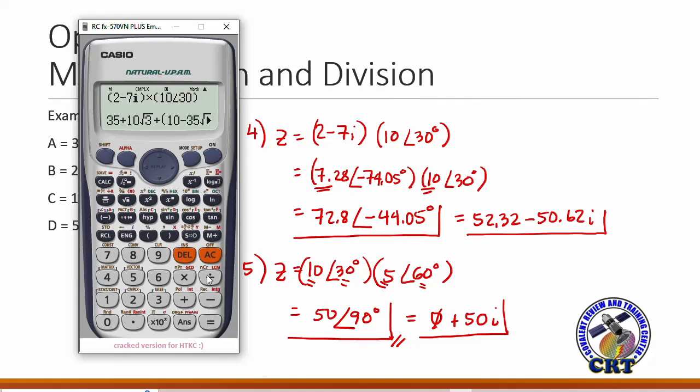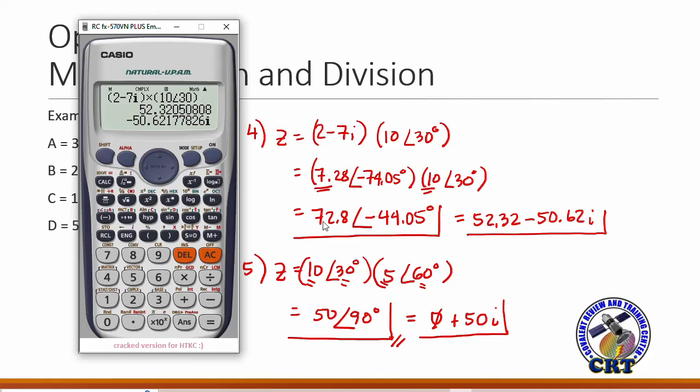So the first answer here will give you the rectangular form. Okay? So just press the decimal conversion: 52.32 for the real part and minus 50.62 for the imaginary part. So that is the first answer from the calculator in rectangular form.